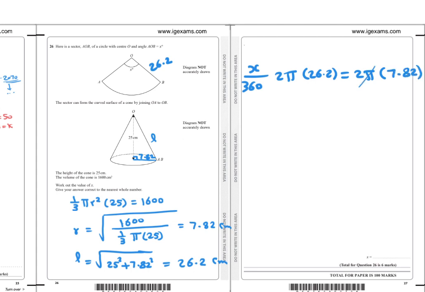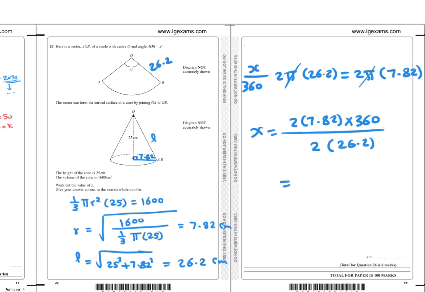Now you can cancel pi with pi. So x equals 2 times 7.82 times 360 divided by 2 times 26.2, which equals 107.5 to 1 decimal place.